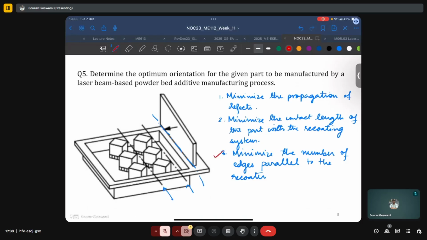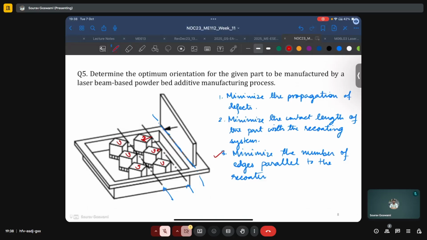Now the third is already taken care of by twisting each of these such that now their edges are no longer aligned with the recoater axis as is already shown, but all of them are still aligned with each other along this parallel axis as shown. And so one additional step which can be done is that we can offset these parts by some variable distance.